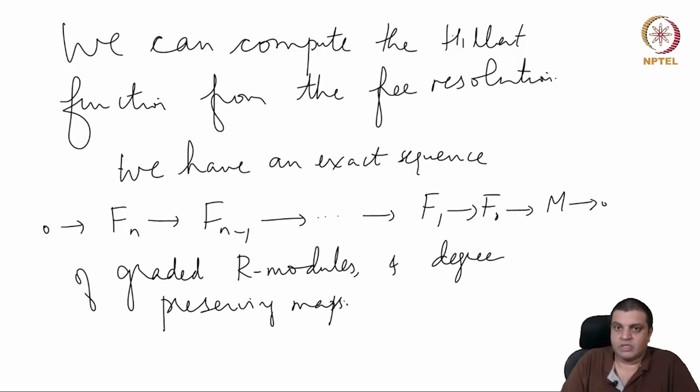Okay, so this is what we have from a free resolution. We are not going to use explicitly now that this is a minimal free resolution, I mean, we don't need to use it. But just to simplify the calculation, get a nicer expression, or at least some workable expression, we will assume that it's a minimal free resolution.